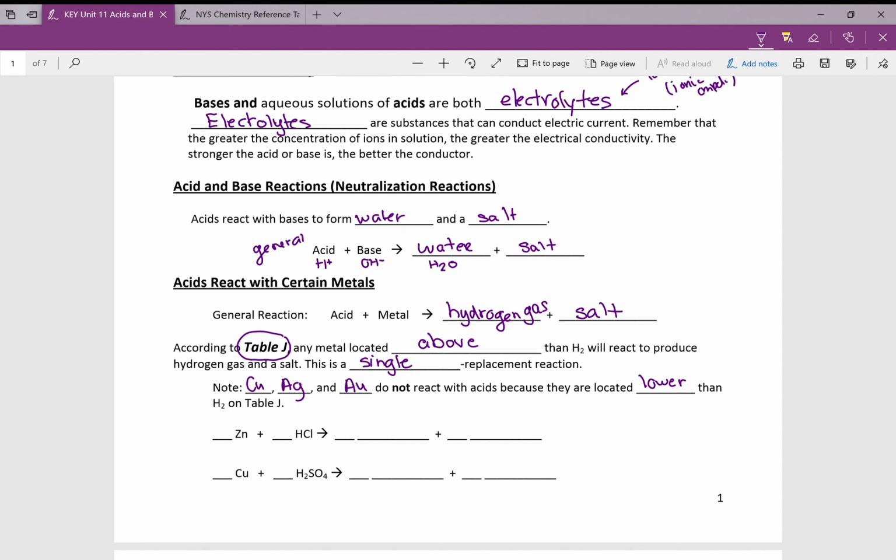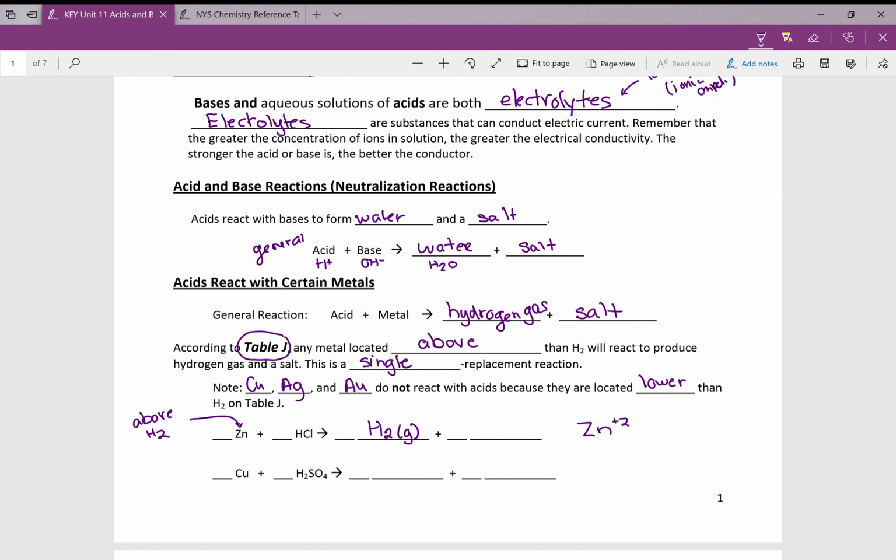When you see a single replacement reaction, you're going to first focus in on the metal. Zinc is above H2, so that means this reaction will occur. The first thing we want to write is our H2, which is diatomic and a gas. Then we look at our salt, which would be our zinc, which on the periodic table is +2.